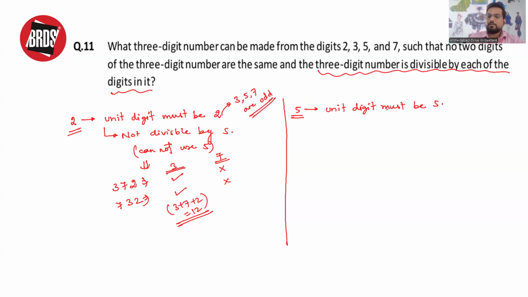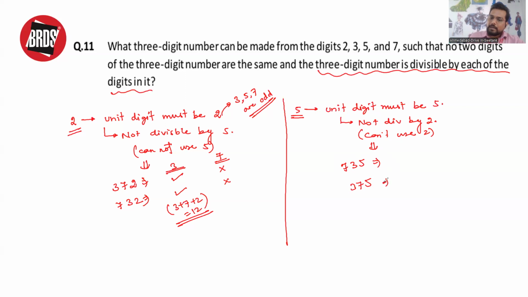So here the unit digit must be 5, which means it is definitely not divisible by 2. So we can't use 2. Again, we would have only two options in front of us, that would be either 735 or 375.